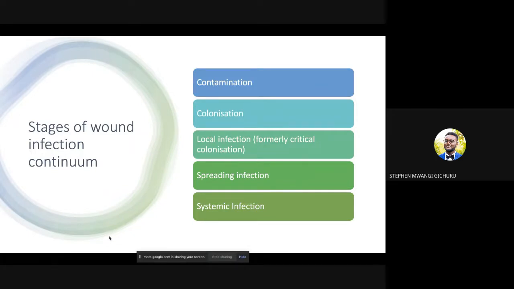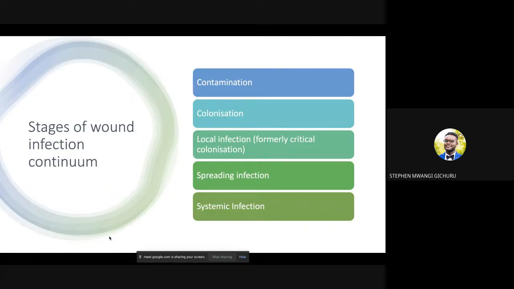In that case, there are microorganisms there, but they've not begun to multiply. Colonization is usually when the organisms have begun to multiply. So contamination and colonization is very difficult for you to tell because there are no wound signs. And in these stages, most of the time you just flush and clean the area, but you might not even be able to tell that this is happening.